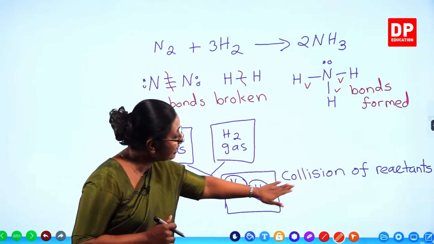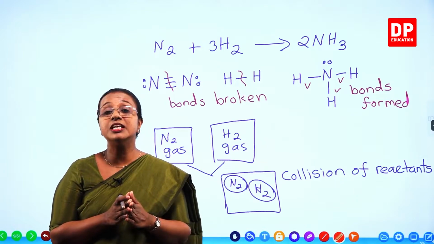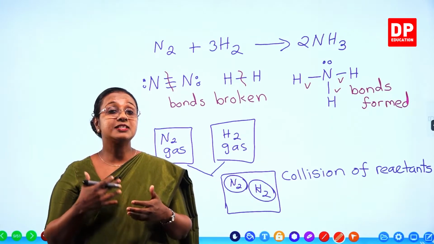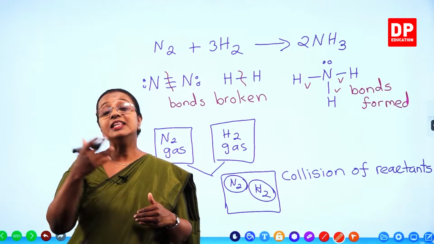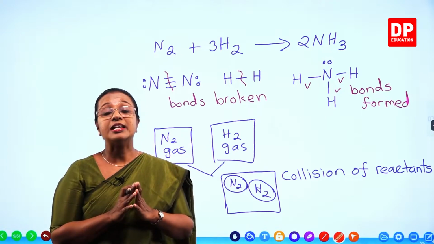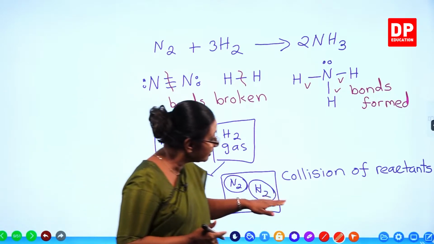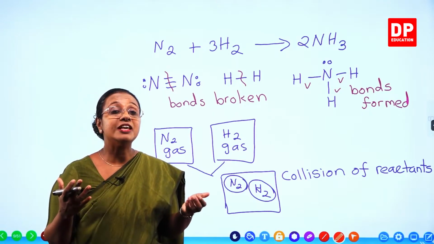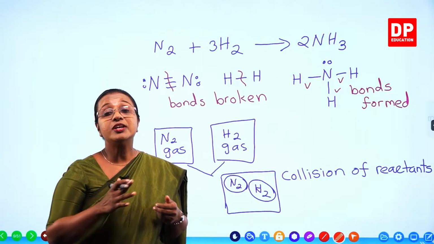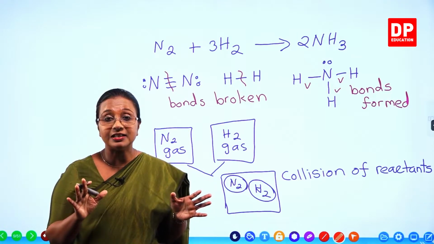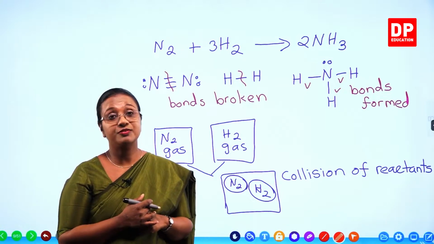So if we can increase this rate of collision, if more particles collide or if the particles collide faster, then the reaction will be faster. So if we look at the factors that affect this rate of collision of reactants, then we can increase or decrease the rate of reactions. So those are the factors that affect the rate of reaction.